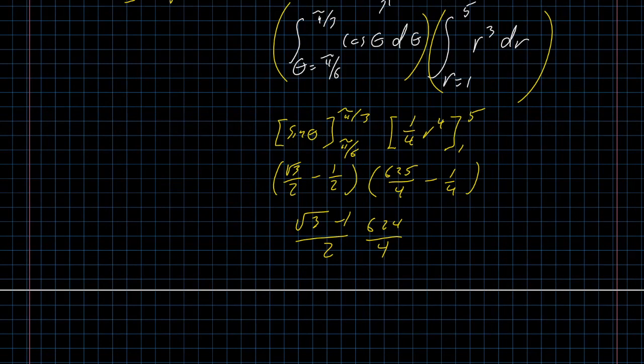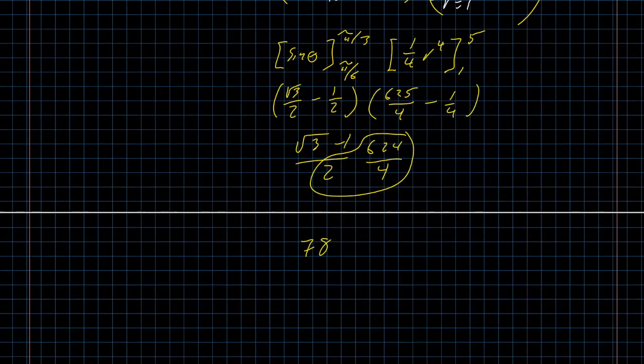My calculator tried to run off on me. Let's see. 624 divided by 4 is 156. That's still even, so that's actually still divisible by 2. So 624 over 4 and over 2, all told, is 78. And then we have left square root of 3 minus 1.